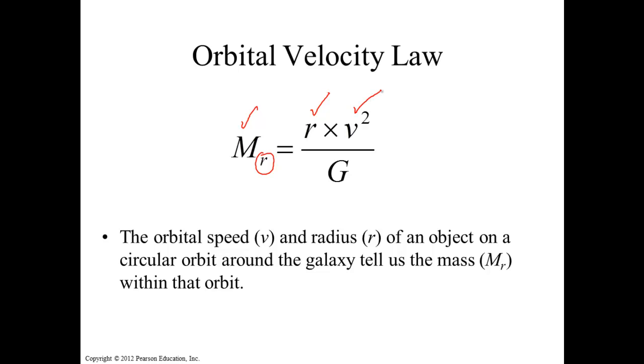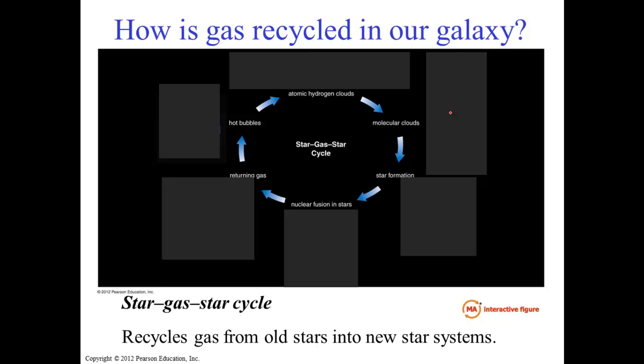And of course, G is a constant. I'm telling you, there are instructors or faculty who, when they teach this same class, make students do these problems. Basically, we can get to mass based upon observing motion.